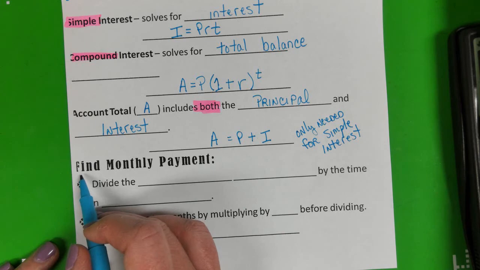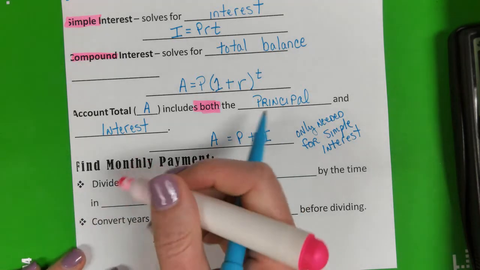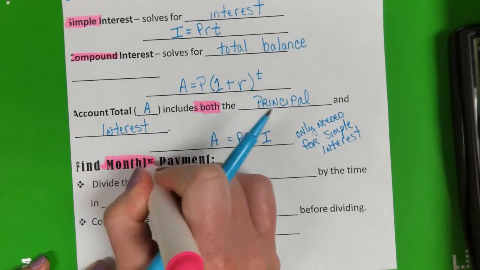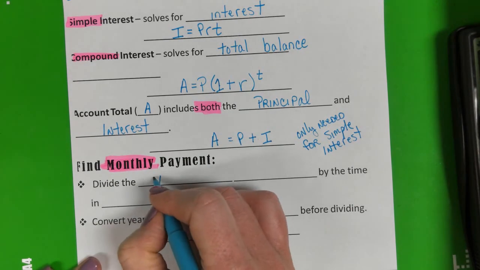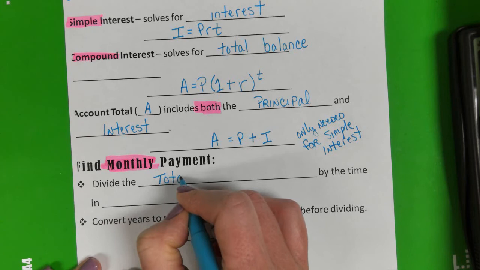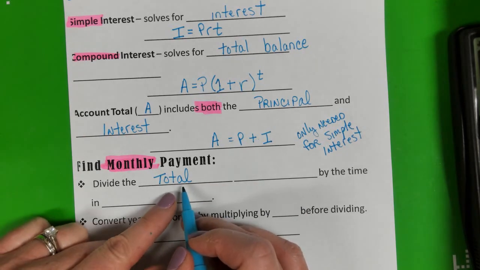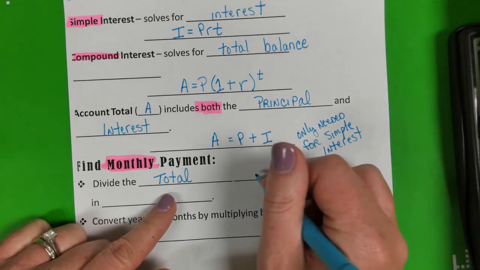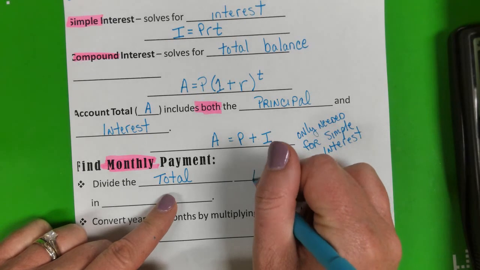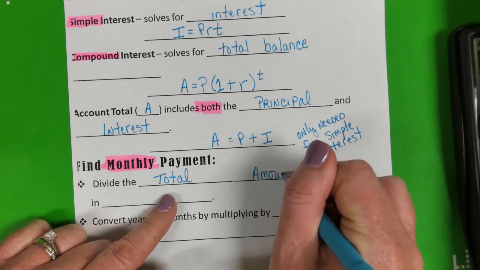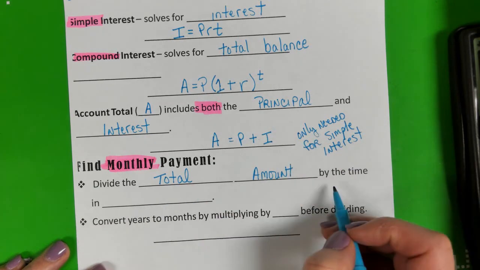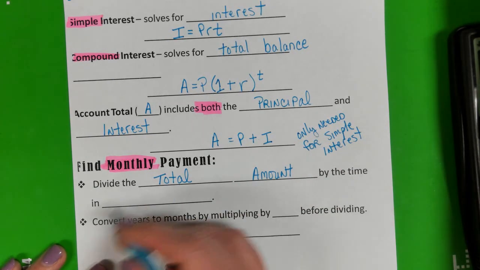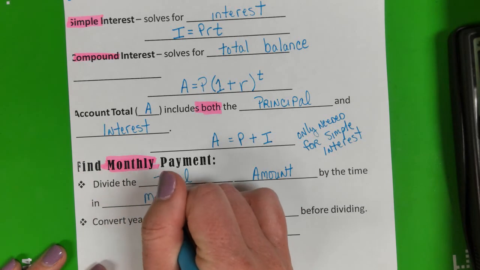Now let's say for some reason you wanted to find how much you pay each month. Once you knew the total amount that you owe, you would divide the total amount by the time in months, the number of months.